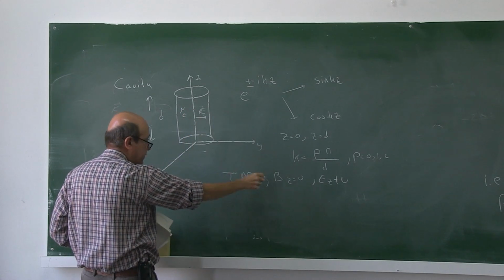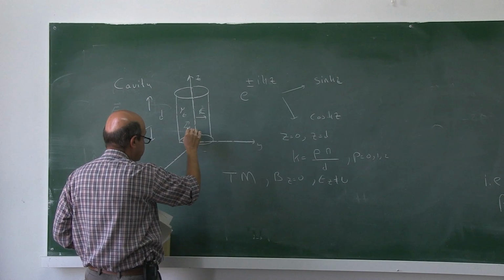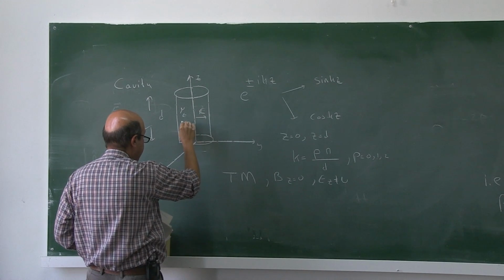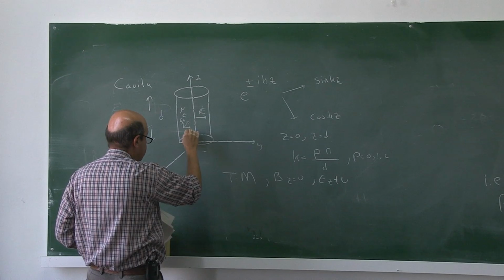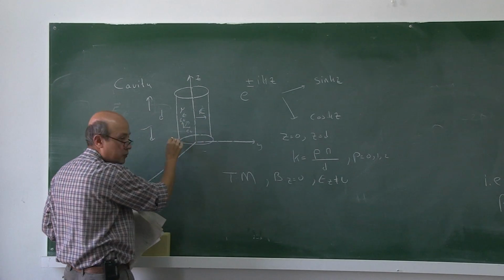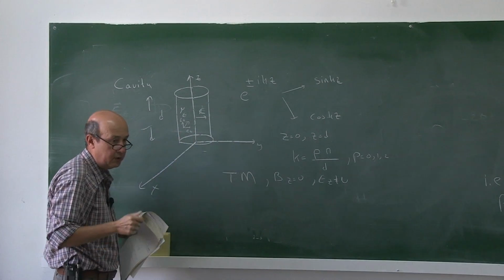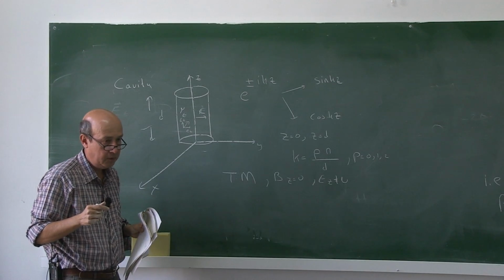So you have the electric field, let's say Ez and E transverse. When you go to the surface of the cylinder, Ez should vanish. How about the transverse? What boundary condition can we put for the transverse component?